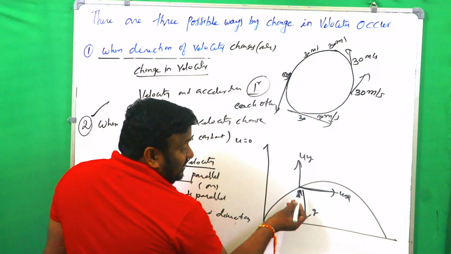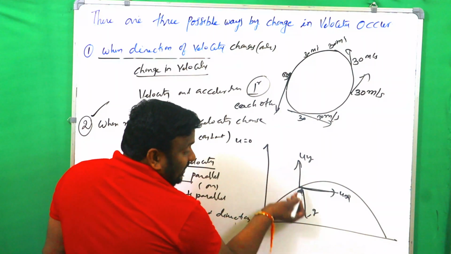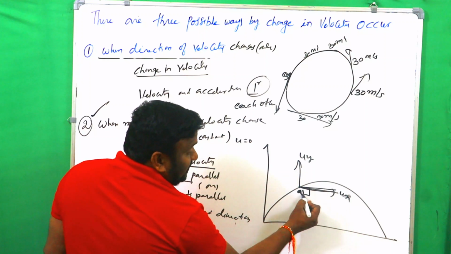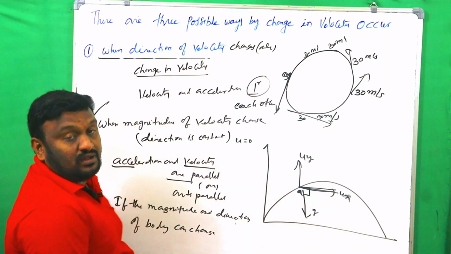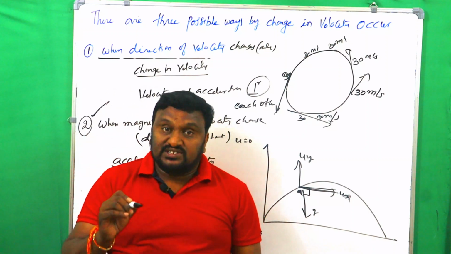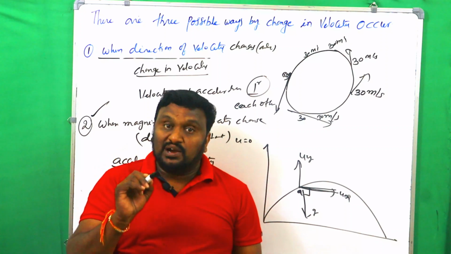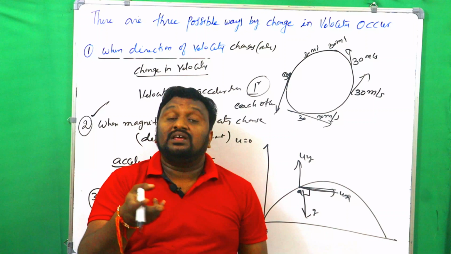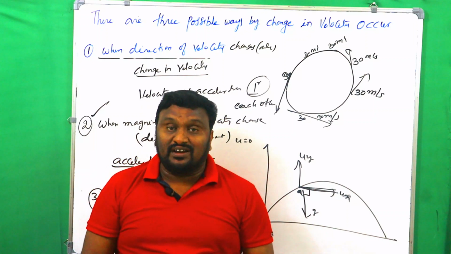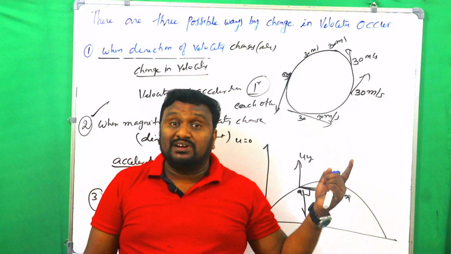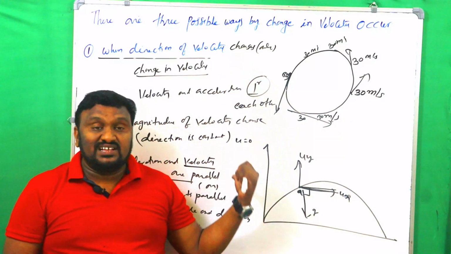Then for uy it is parallel, anti-parallel, and for ux it is perpendicular. Clear? In case of projectile motion, acceleration of the body is parallel to one velocity component and perpendicular to the other velocity component. So dear students, change in velocity can take place based on these three things.